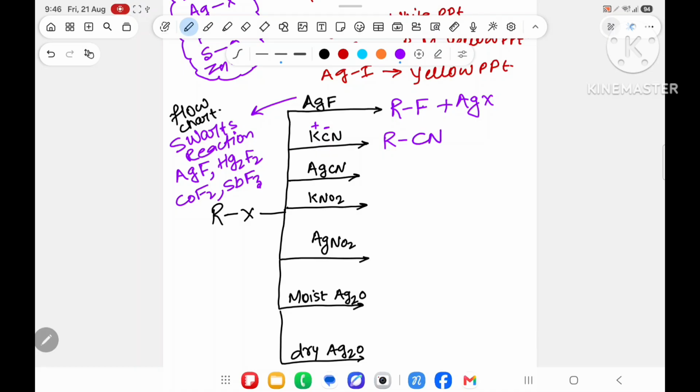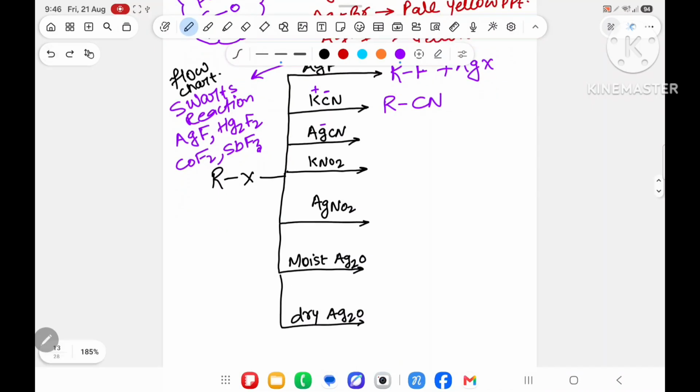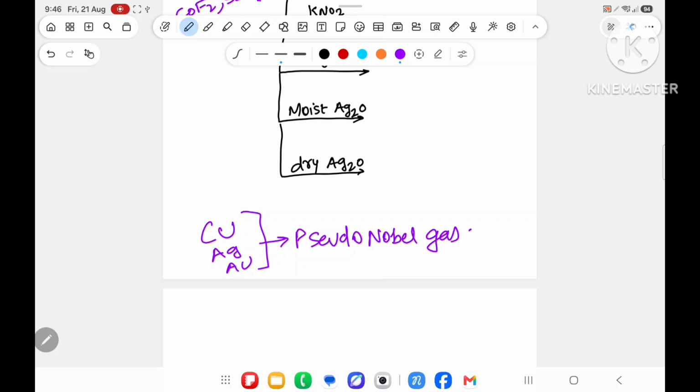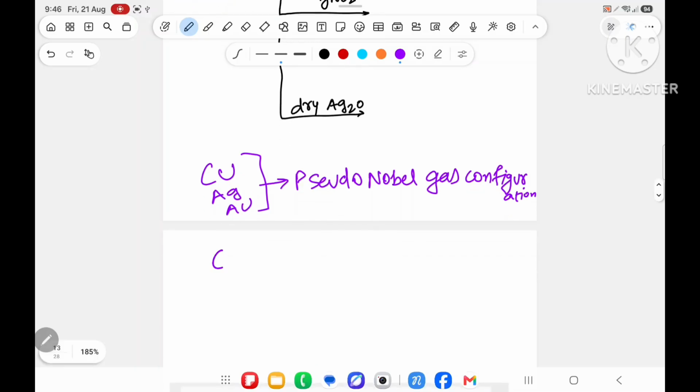When you react with AgCN, it will not break as Ag plus and CN minus. Why? Because copper, Ag and gold all have pseudo noble gas configuration. What is pseudo noble gas configuration, sir? Suppose you take copper, 29.